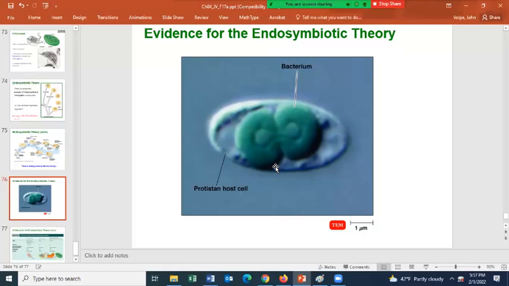And we've seen this before where a protist can incorporate a bacterium and then use the bacterium to do things for the protist.